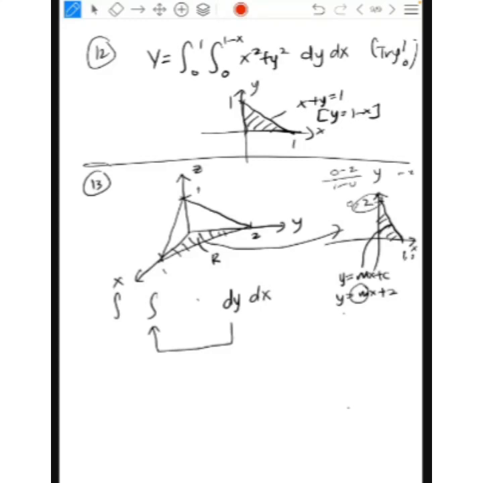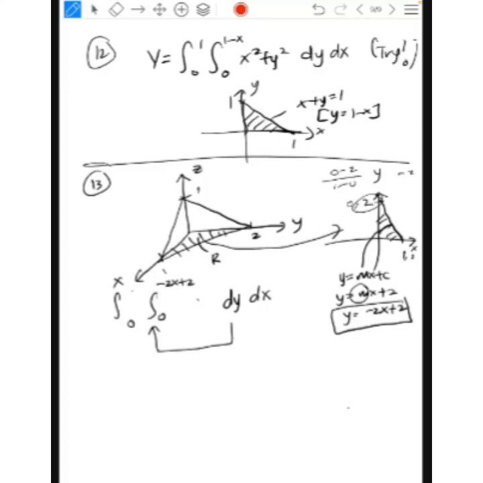So y equals negative 2x plus 2. This is the equation. So y is from 0 until negative 2x plus 2, and then x is from 0 to 1.